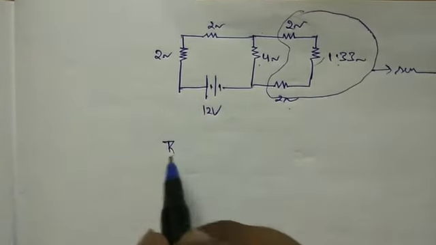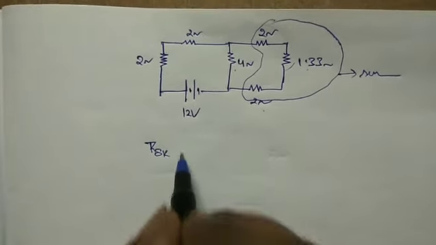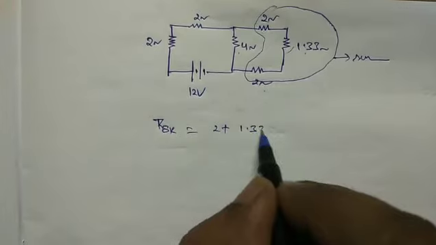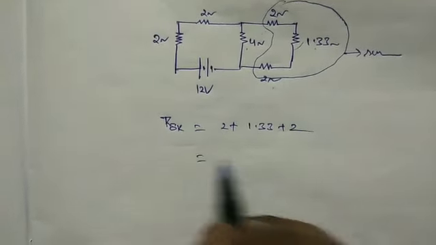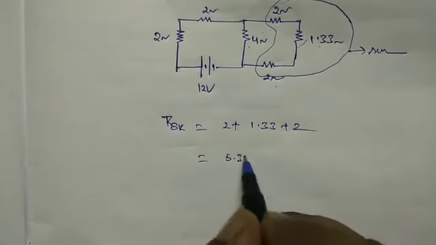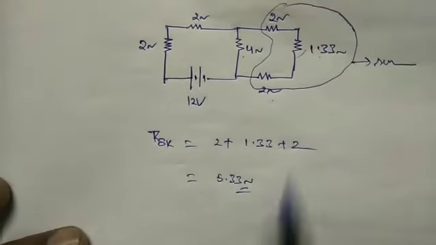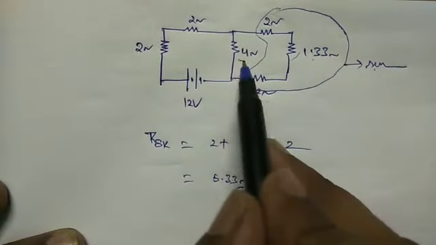So R is equal to 2 plus 1.33 plus 2, that is equal to 5.33 ohms. This series is parallel to 4 ohms.